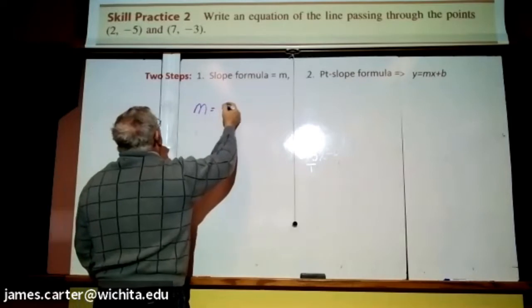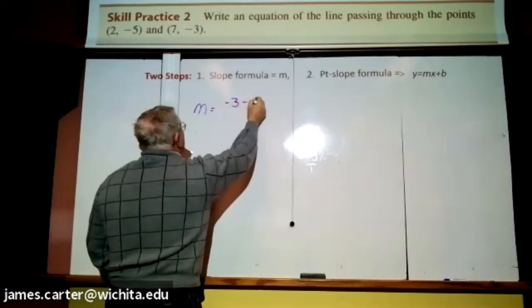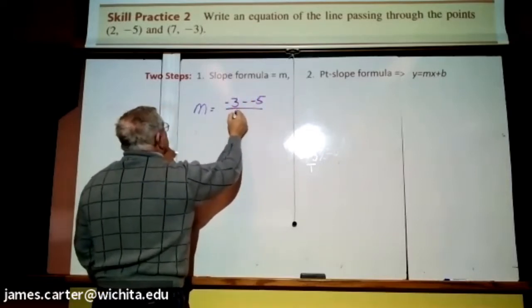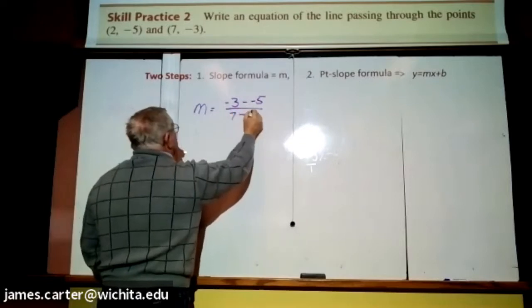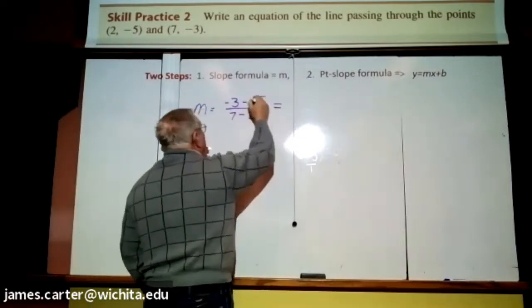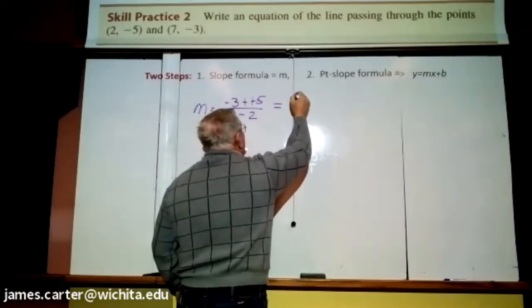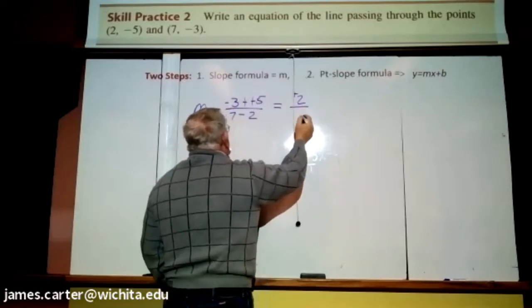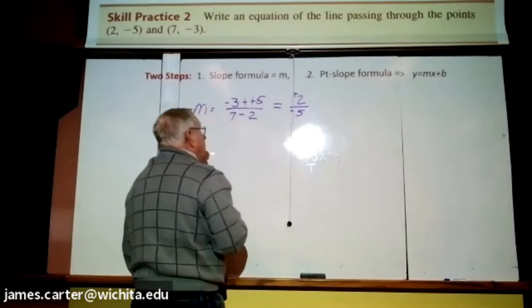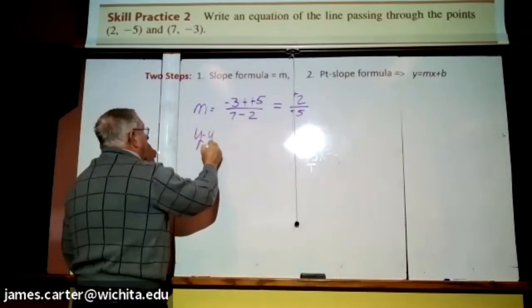So I've got -3 minus -5 over 7 minus 2, which is equal to, these become pluses, +2 over +5. So our slope is 2/5.